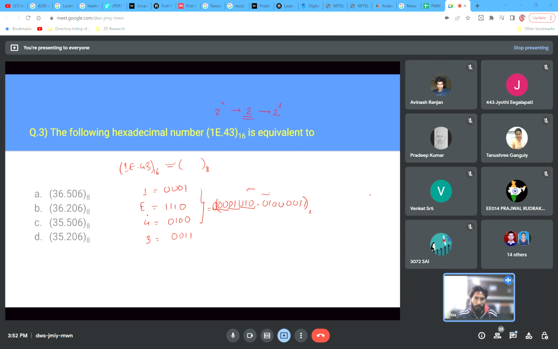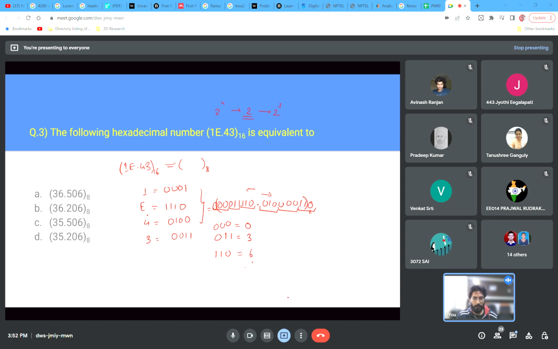Now if we go to the right of the decimal point, let's group this. Here we need to add one more 0 to make it a complete group. Now if we convert this to octal, this will be 0. 0, 1, 1 would become 3. 1, 1, 0 would become 6.